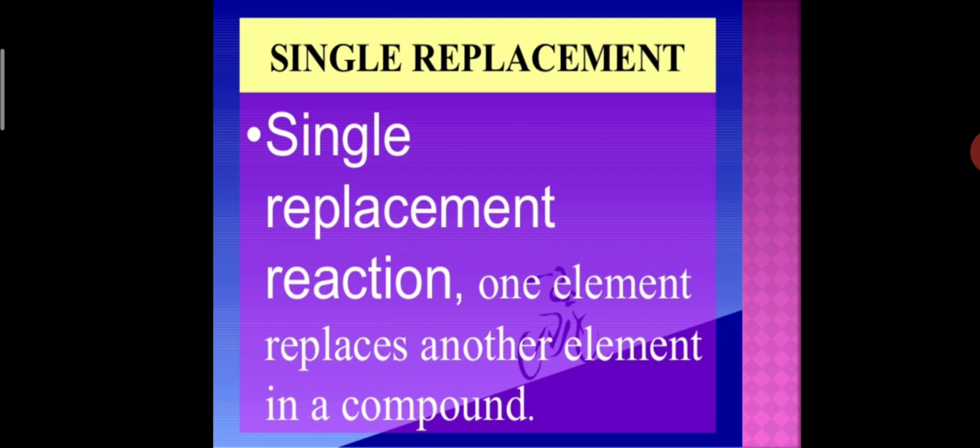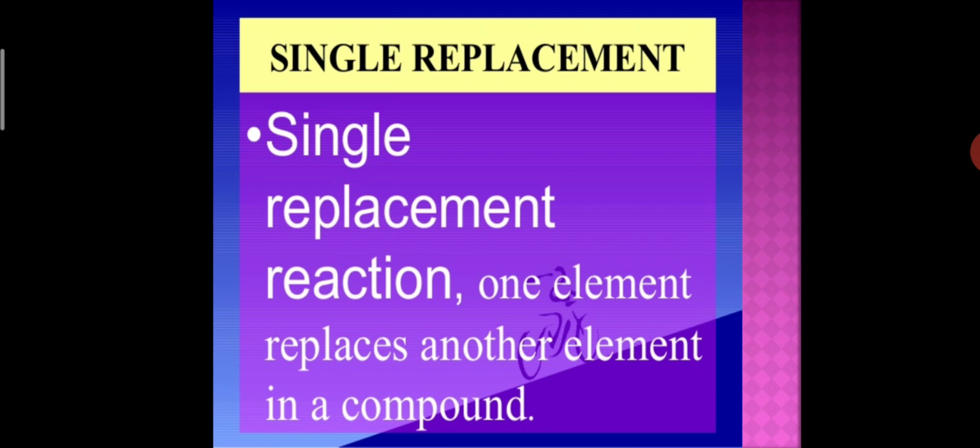Now see, students, replacement. It means something is displacing something in this type of reaction, single replacement reaction. In this we see that one element replaces another element in a compound.